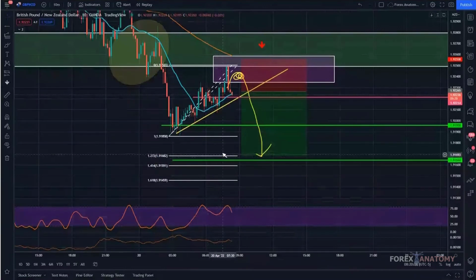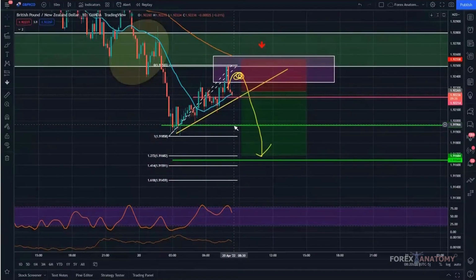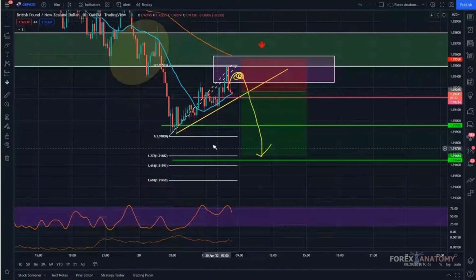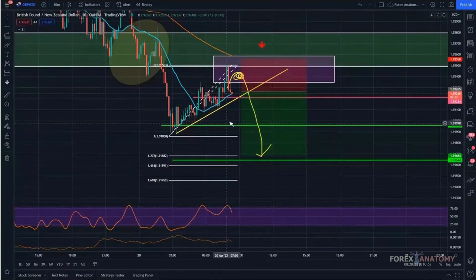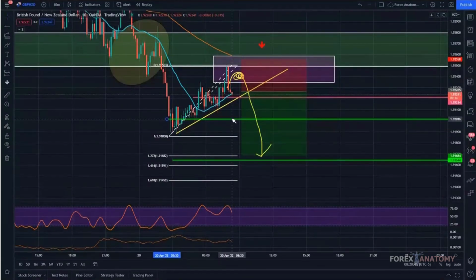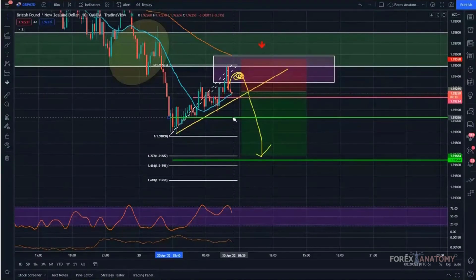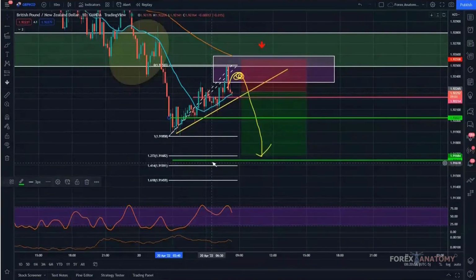As far as target goes, you can have a TP1 here at 91.96. If you want to really play it safe, just do 92.00, because that's an institutional level, which I think would be wise. 92.03 would be fine.